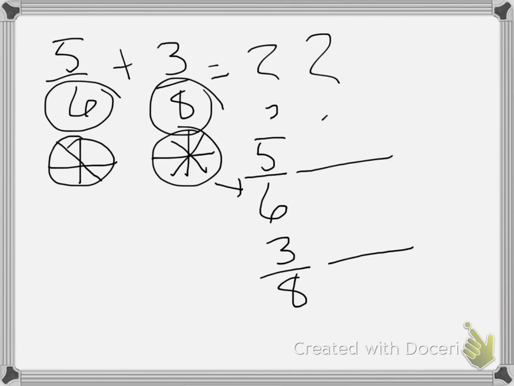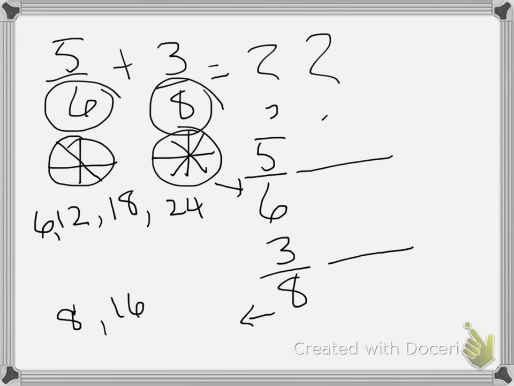You got 6 times 1, 6 times 2 is 12, 6 times 3 is 18, 6 times 4 is 24. So let's stop there. Then you've got your 8 times tables. You got 8 times 1 is 8, 8 times 2 is 16, 8 times 3 is 24.